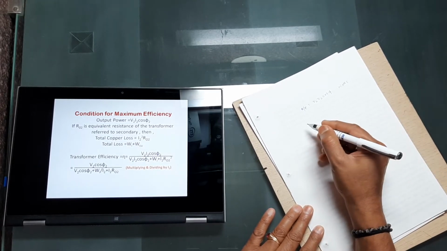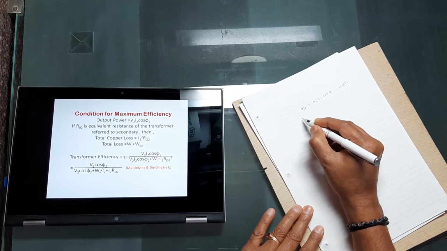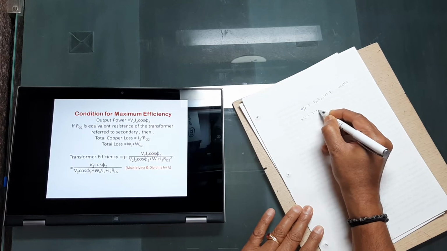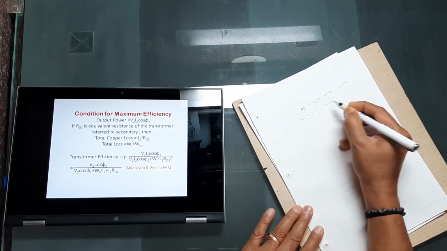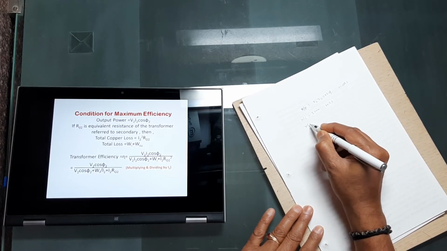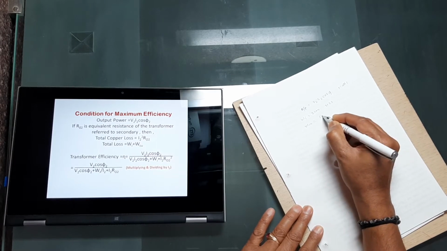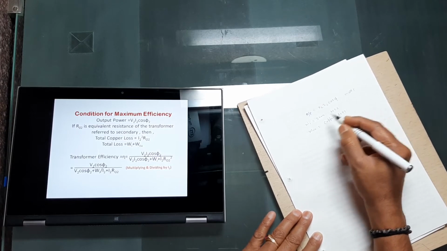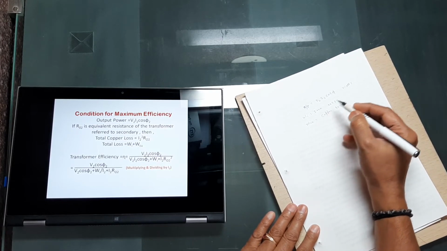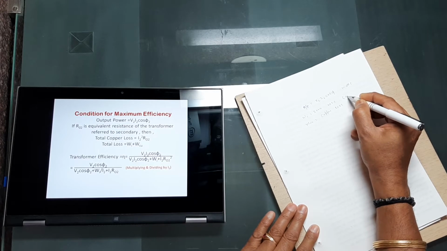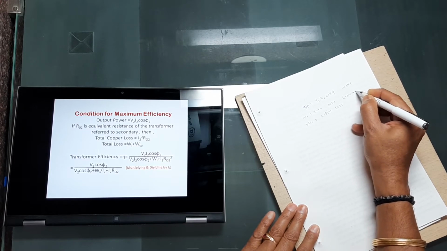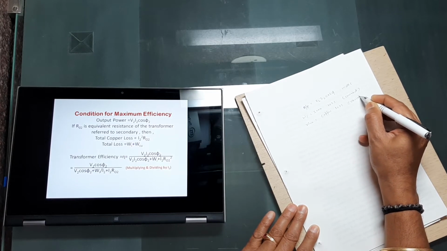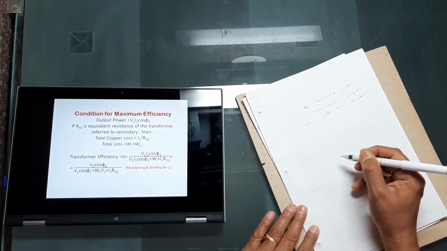Then there are two losses in the transformer. One is called the iron loss, and the second one is the copper loss. The iron loss is a constant loss, whereas the copper loss is the variable one.